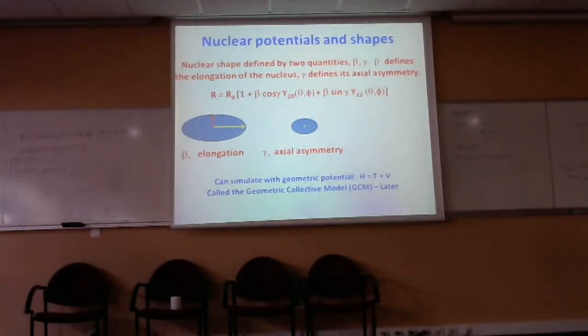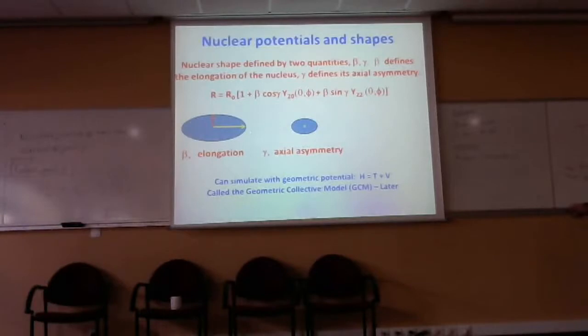If I squeeze it like this, then that's axially asymmetric, and that angular dependence is specified by gamma. You have a radius now which is not just a single quantity as for a sphere, but depends on beta and gamma.